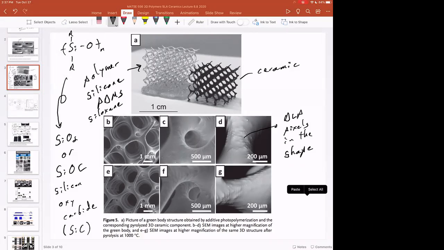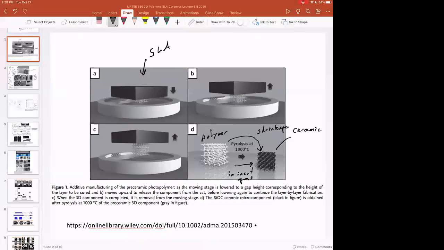Oh, I see a question here, 1 second. Can pyrolysis be performed on both thermosets and thermoplastics? The answer is yes. And so the question is, what polymers are useful for pyrolysis? Because if you take a polyester and try and pyrolyze it, there's too much oxygen in a lot of those polyesters.